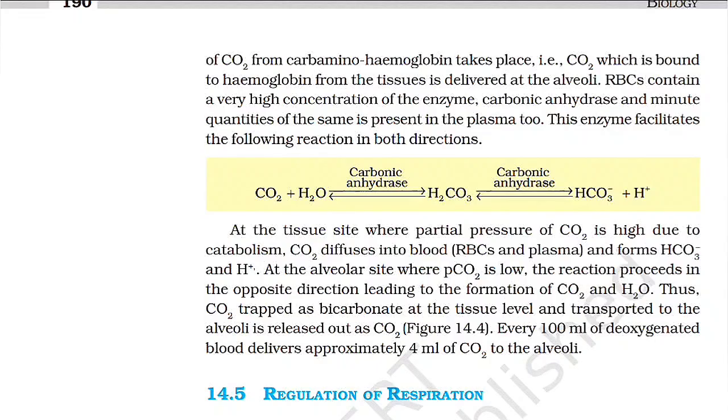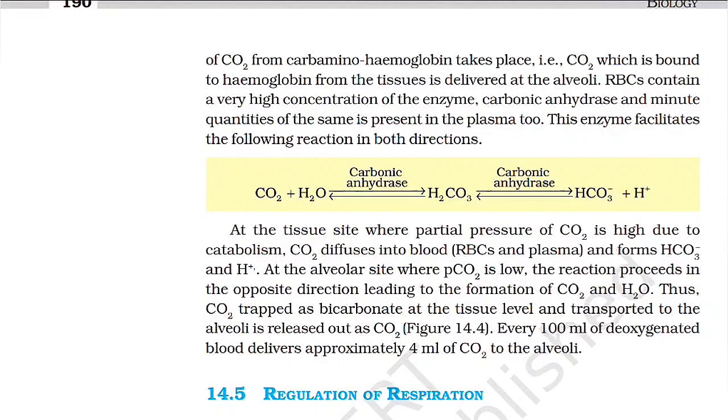At the tissue site where partial pressure of carbon dioxide is high due to catabolism, carbon dioxide diffuses into blood, RBCs and plasma, and forms HCO3- and H+. At the alveolar side, where partial pressure of carbon dioxide is low, the reaction proceeds in the opposite direction, leading to the formation of carbon dioxide and water.